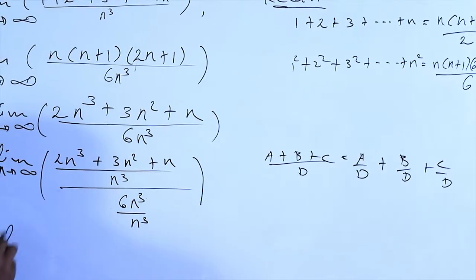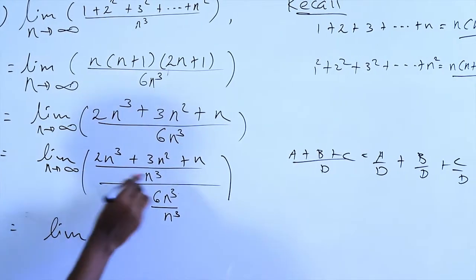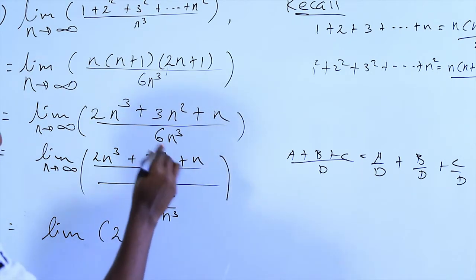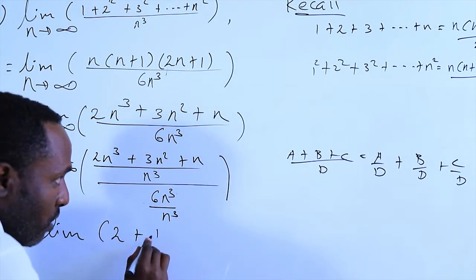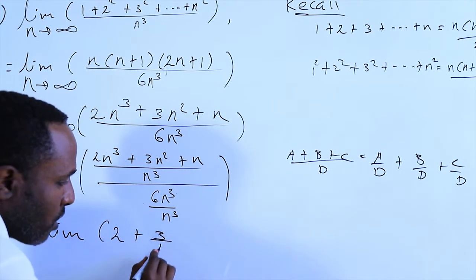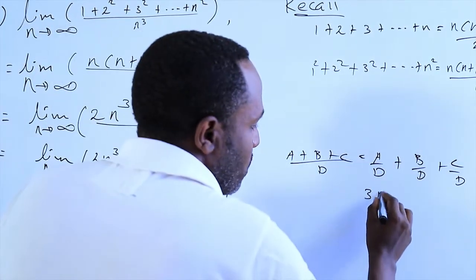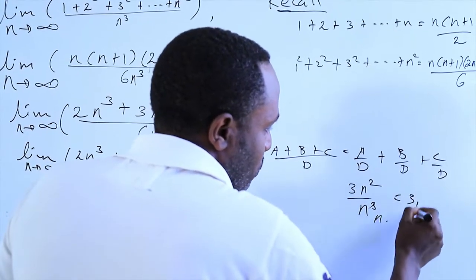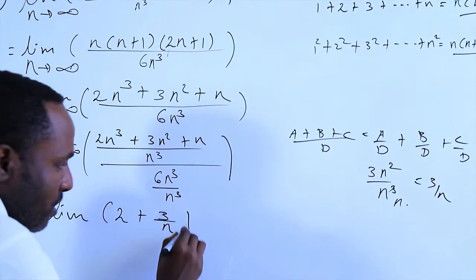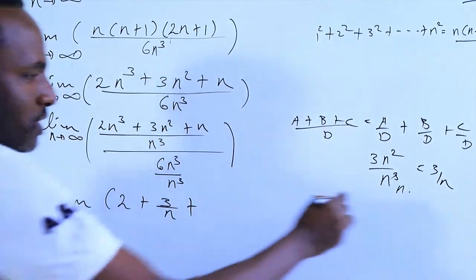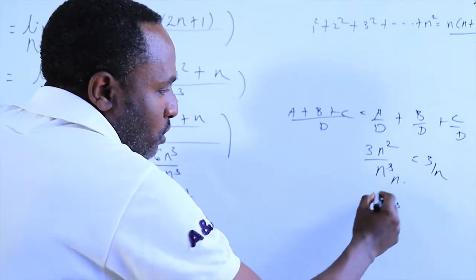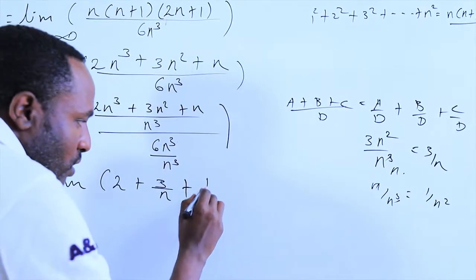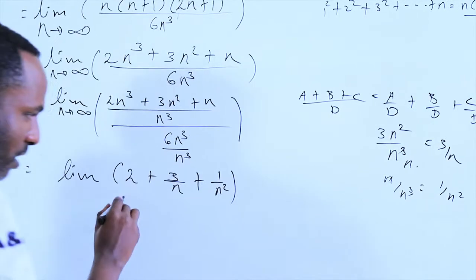So this is exactly equal to the limit: 2n cube over n cube is simply 2, plus 3n squared over n cube, which is simply 3 over n, because we have one n left here. Plus n over n cube, where the n cancels out, which is simply 1 over n squared. So the result is 1 over n squared over the whole system.